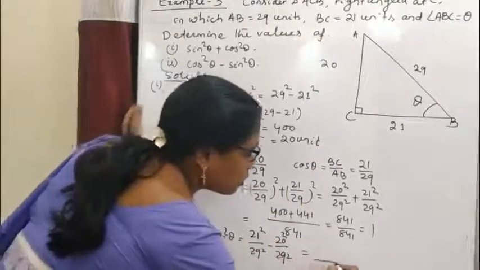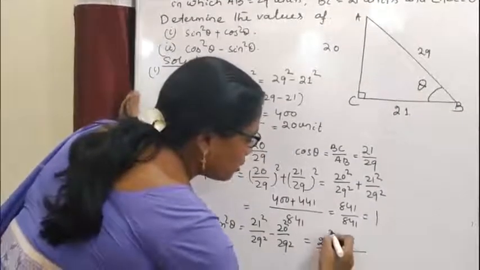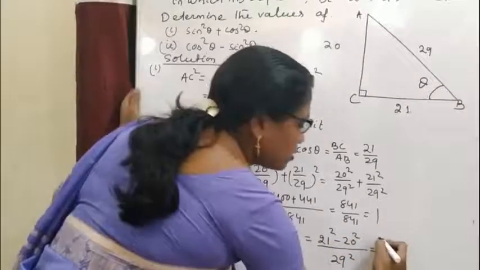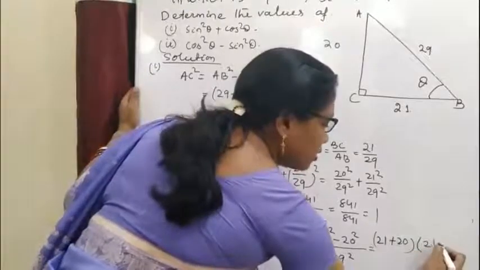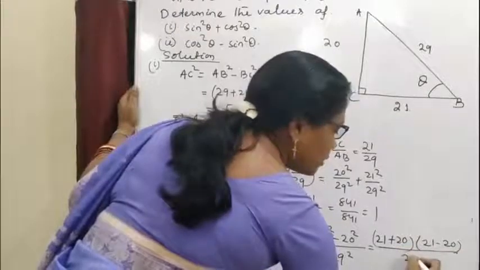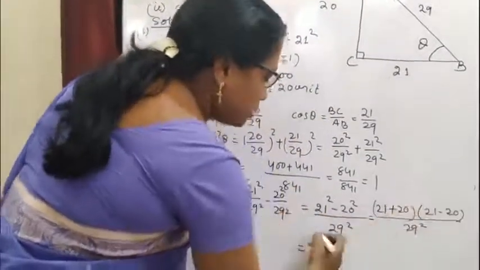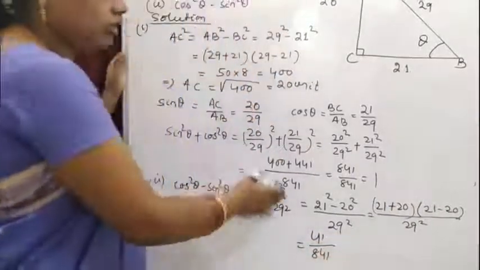So this is equal to, LCM is 29 square, 21 square minus 20 square. We can write it as 21 plus 20 times 21 minus 20, for easy calculation, divided by 29 square. So this is 1, this is 41 by 841. So this is the answer.